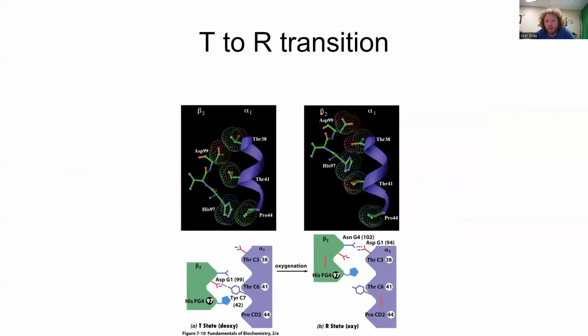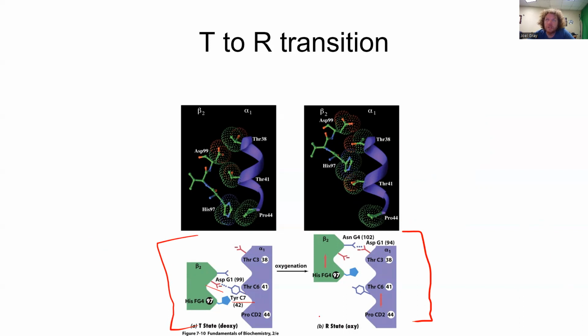What also happens is we have these other interactions, as is displayed. I'd like you to focus in on the bottom half of this figure, where we have interactions. For instance, we have an aspartate interacting with a tyrosine.